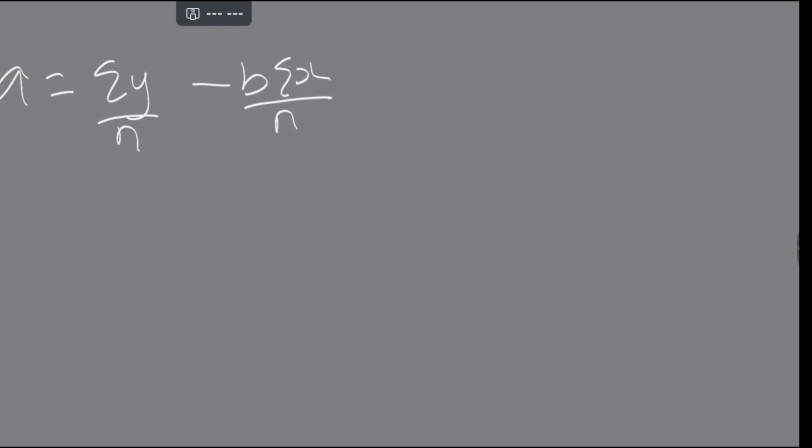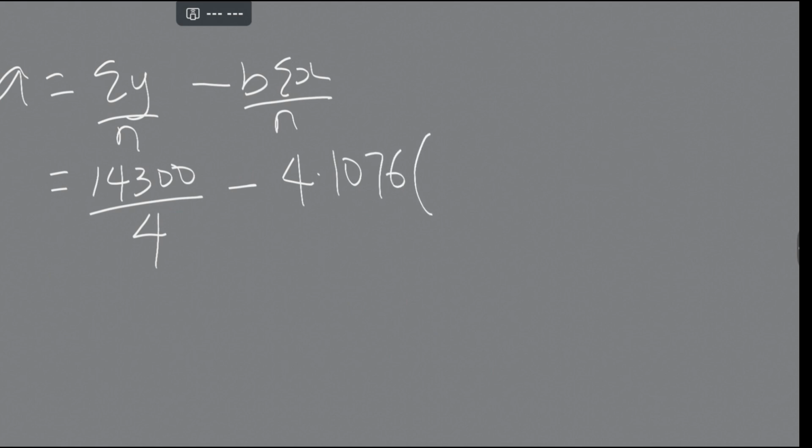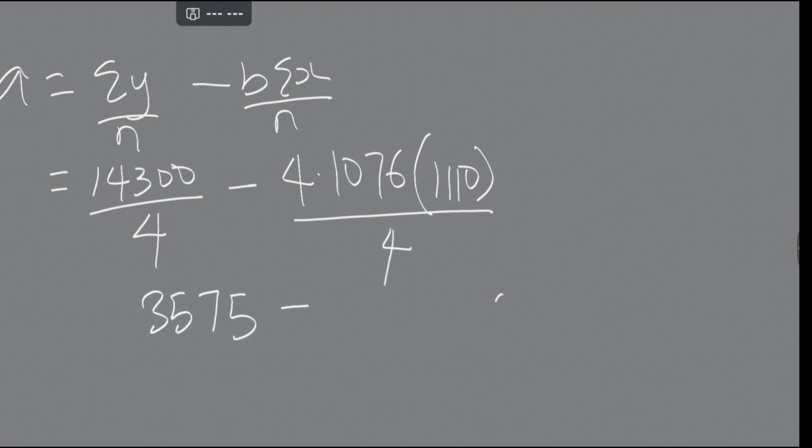Now to get our a, like we said before, it is summation y over n minus b summation x over n. So summation y is 14,300 divided by 4, minus 4.1076 times summation x, which is 1,110, divided by n, which is 4. That is 3,575 minus 1,140.859.